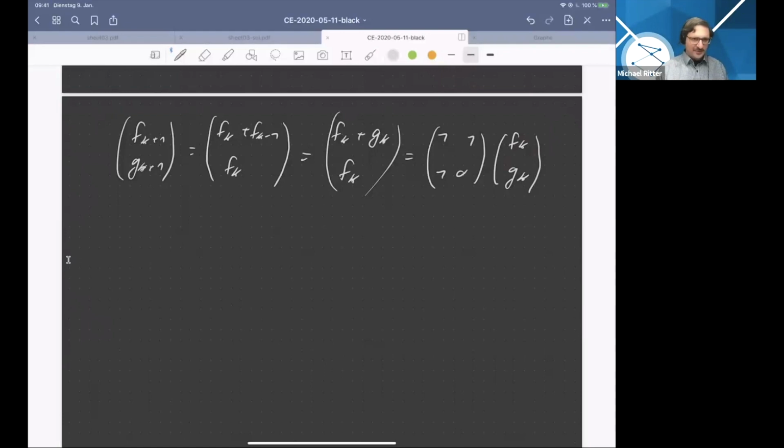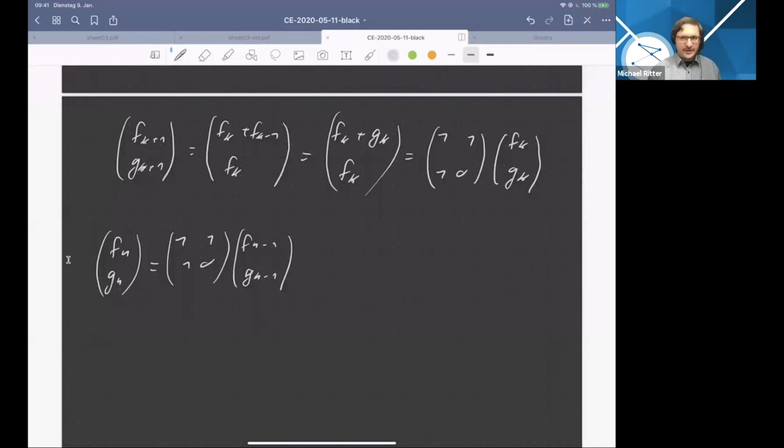It's probably much easier. So if we have fn and gn for some arbitrary n, that's the numbers that we want to compute, then you know that this is the same as 1, 1, 1, 0 times fn minus 1, gn minus 1. That's just by definition.